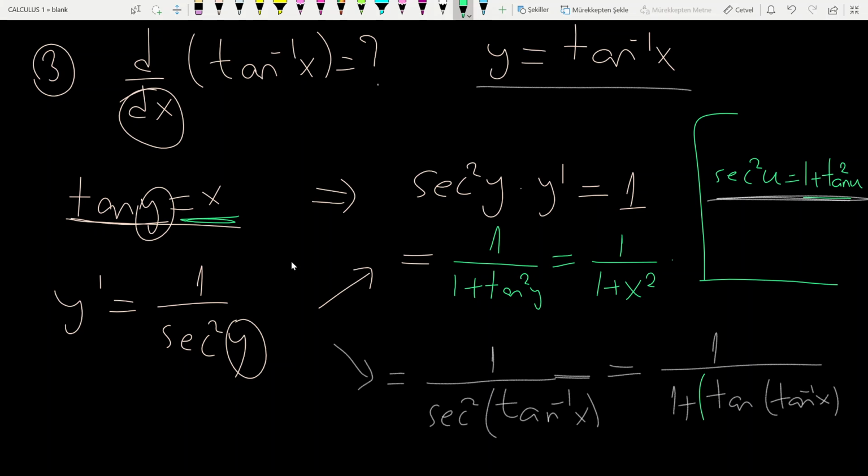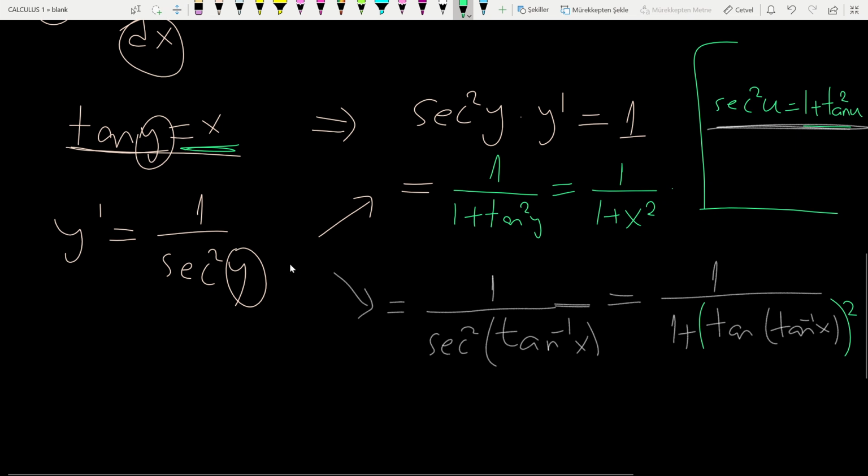Tangent of inverse tangent of x is equal to 1 over 1 plus tangent inverse tangent x becomes x. Since you have square, you have x square. It is the second way of the proof.